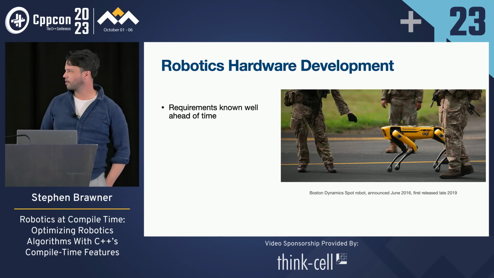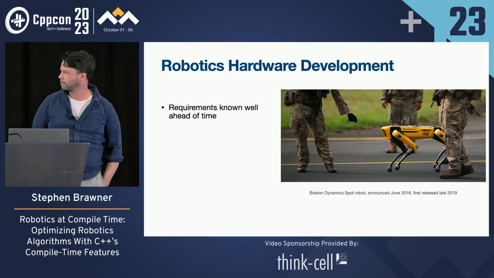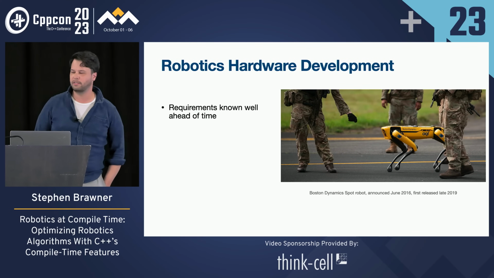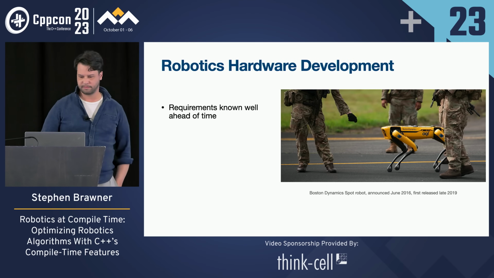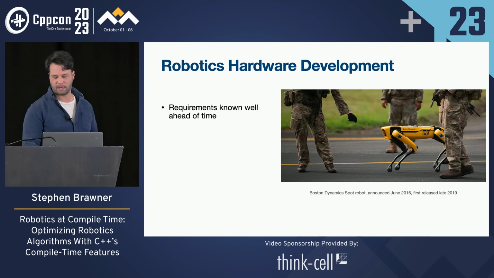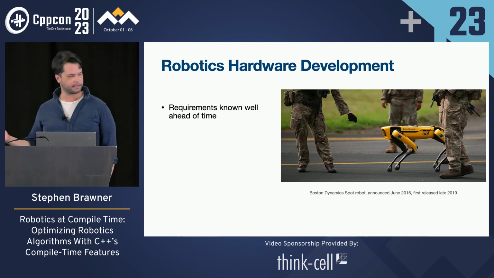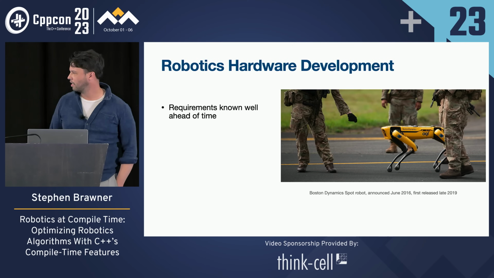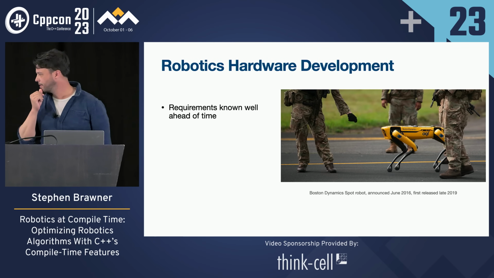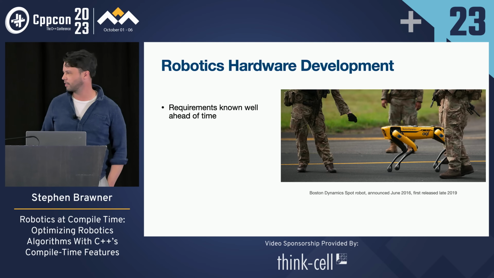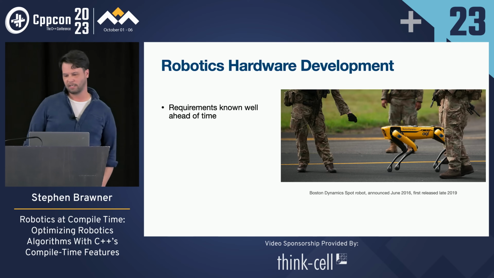In general, in hardware development in robotics, the requirements are well known long ahead of time, like several years in fact. I ran into some people from Boston Dynamics, very nice people here. They announced the Spot robot in 2016, I believe, and Wikipedia tells me that the first release of it was in late 2019.